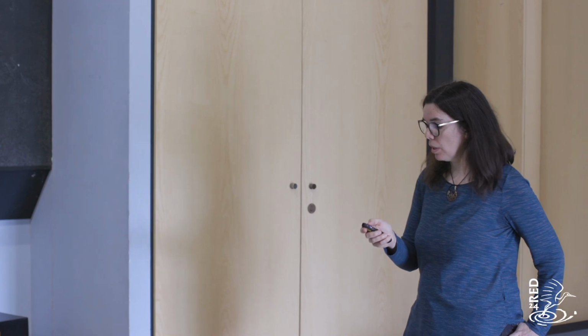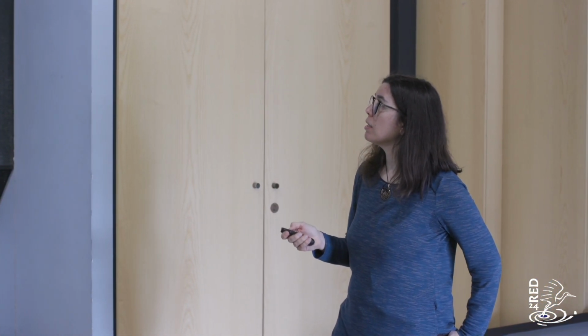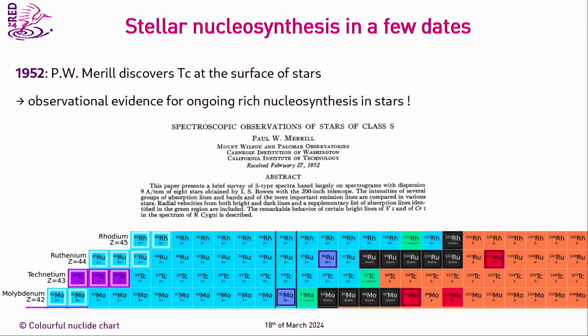Another important thing is that in 1952, and I will come back to these stars, which are called AGB stars, Merrill discovered technetium. It was a very important thing, so that's the paper. Because technetium, if we go back to our nuclide chart here, it's this line. And as you see in this line, there's no black square. So no stable isotope. Technetium is not stable.